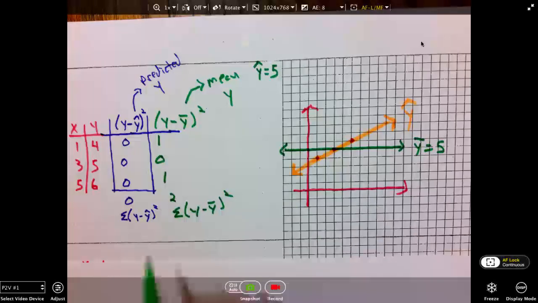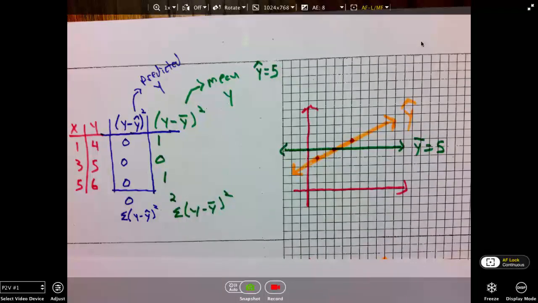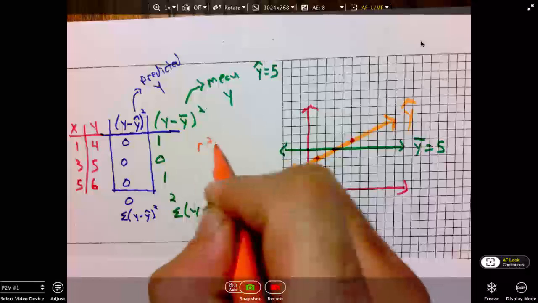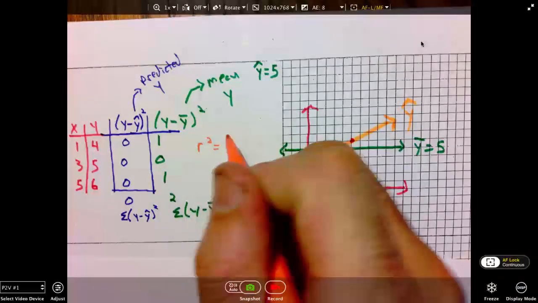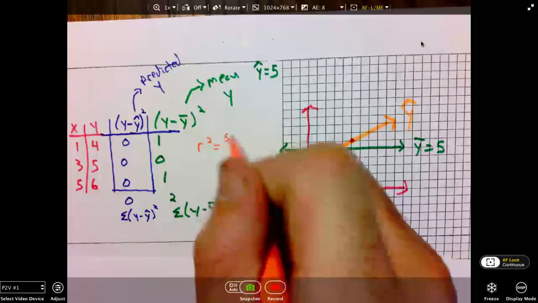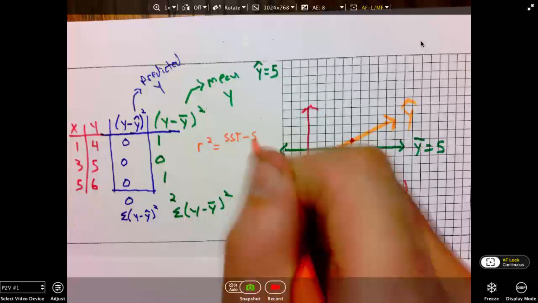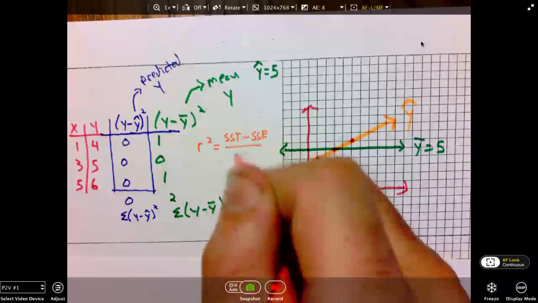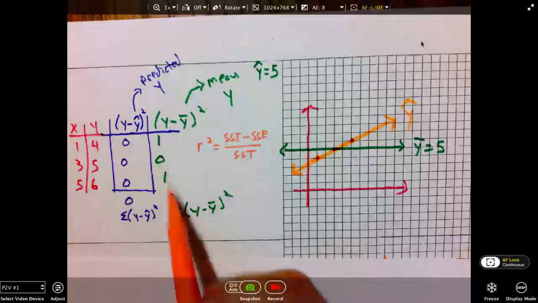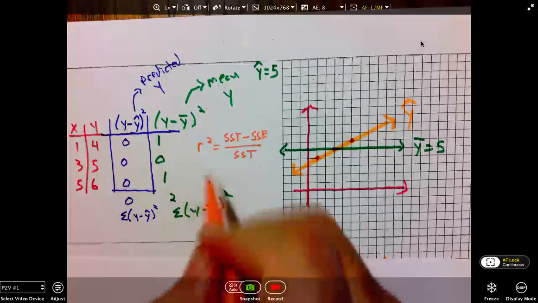Again, r squared is equal to SST minus SSE over SST. Well, the SST, the sum of the total squares, is this number 2.